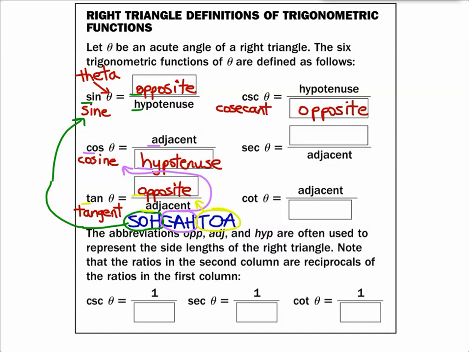Sec is short for secant. Secant theta is hypotenuse divided by adjacent. And cot is short for cotangent. Which is the ratio of adjacent to opposite.